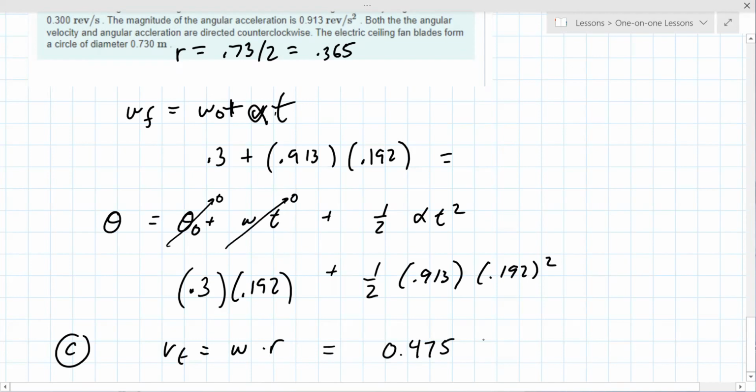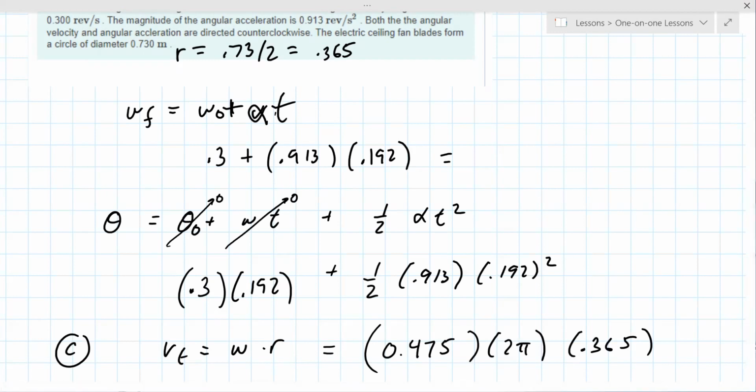Okay, so it's that number times 2 pi. That becomes omega. And then your radius is 0.365 here. 1.09. Yeah, that's super reasonable. Correct.